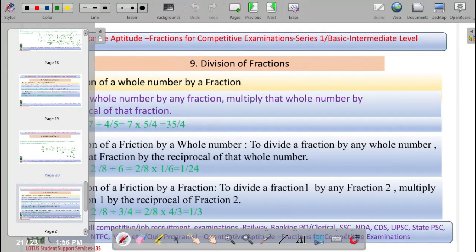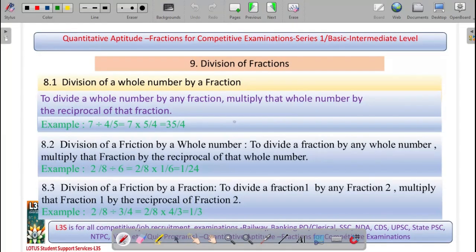Next is division. Division of a whole number by a fraction. To divide a whole number by a fraction, multiply that whole number by the reciprocal of that fraction. Reciprocal means opposite. If it is 4 by 5, its reciprocal will be 5 by 4, or the reciprocal of 7 will be 1 by 7.